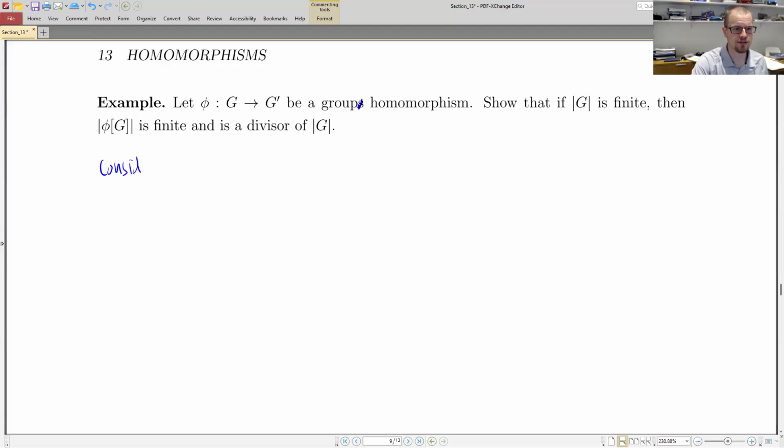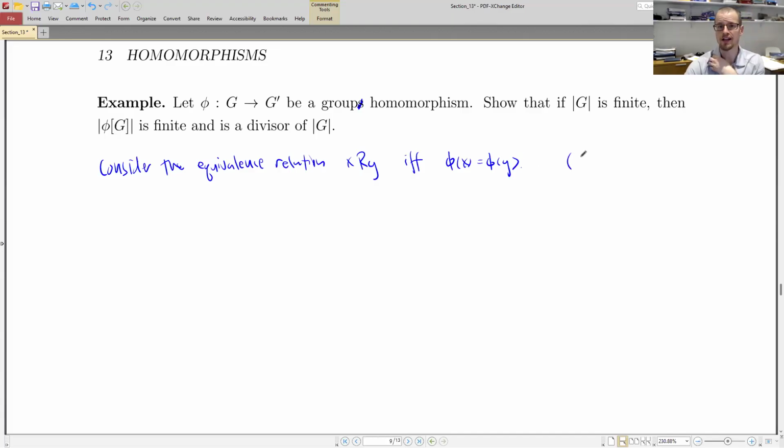So consider the equivalence relation where x is related to y if and only if phi of x is equal to phi of y.